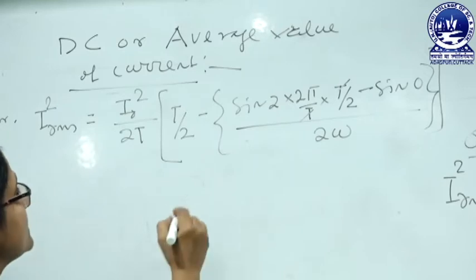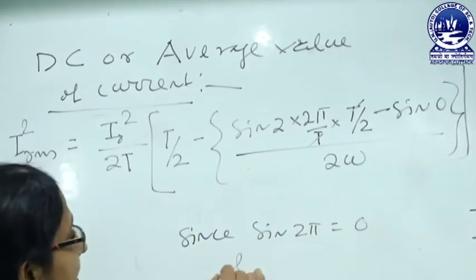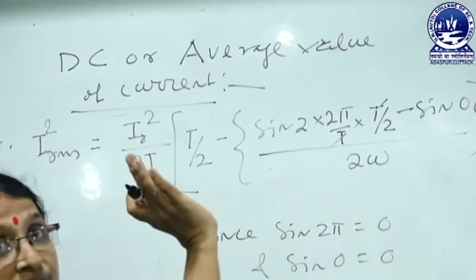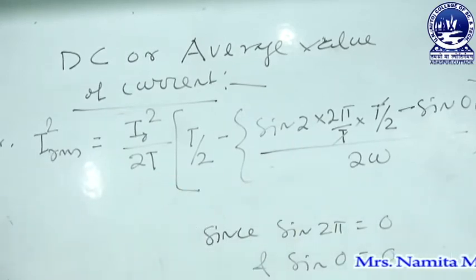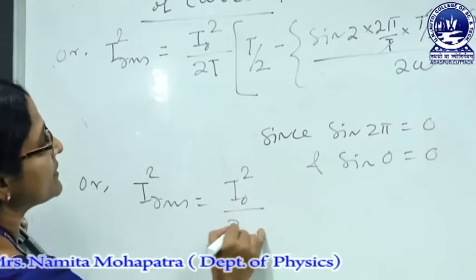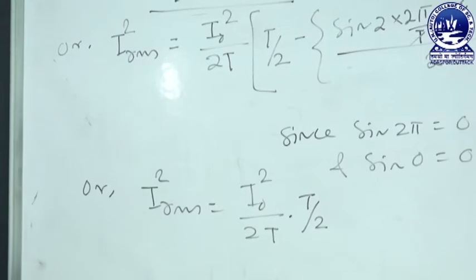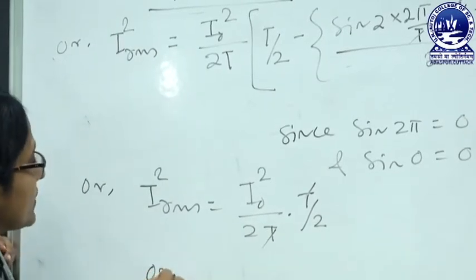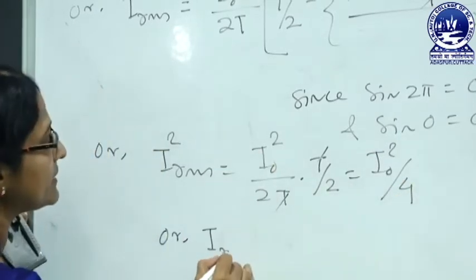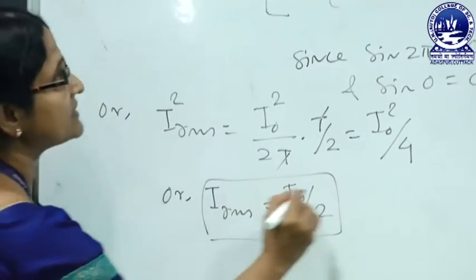But we know that sin 2 pi equals 0 and sin 0 equals 0, so this term becomes 0. The only remaining term is I square RMS equals I naught square by 2T into T by 2, isn't it? So T again cancels, and this equals I naught square by 4. So I RMS is equal to I naught by 2. Block this expression, and this is equation 4.